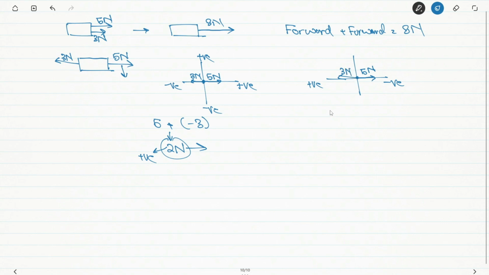So in this case, 3 Newton positive and this negative 5 Newton force, and the answer would be negative 2 Newton. But look, now we've put the opposite values on the direction, and the answer is also in the opposite direction. So what have we assigned the negative value to? Right? So we know 2 newtons to the right.